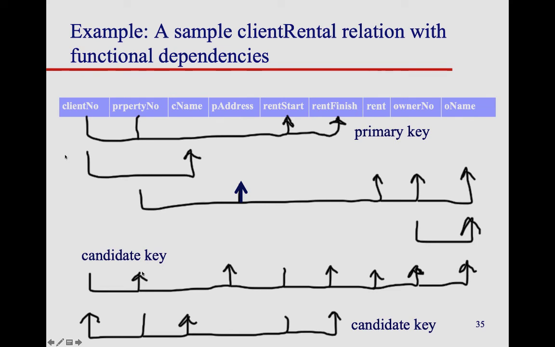So technically, this candidate key here should have only had the arrow to property number and, I think that's it actually, rent finish, because everything else was a transitive dependency.